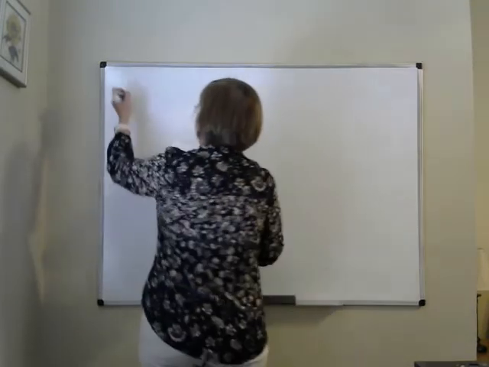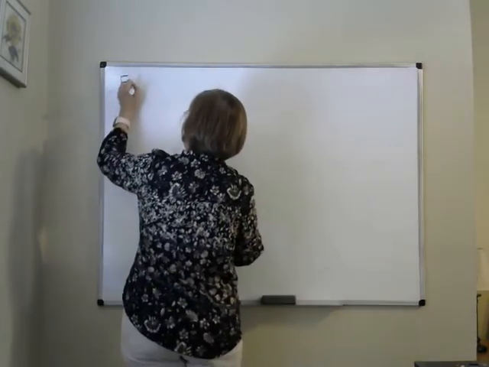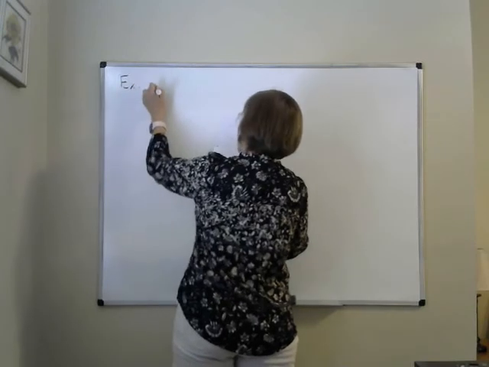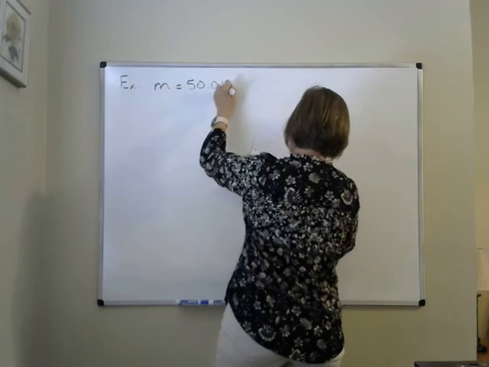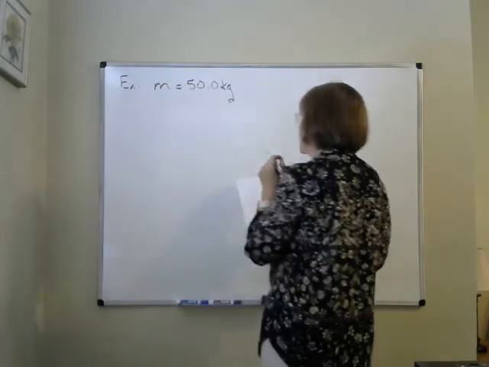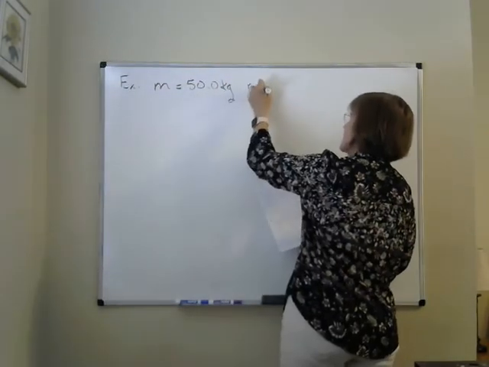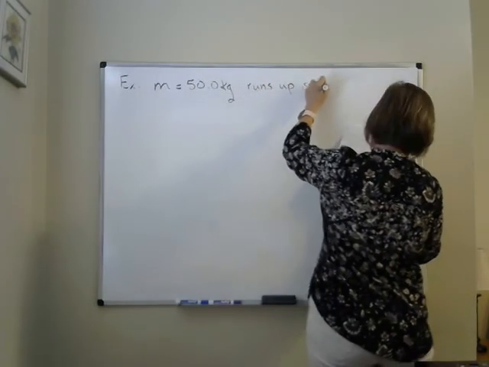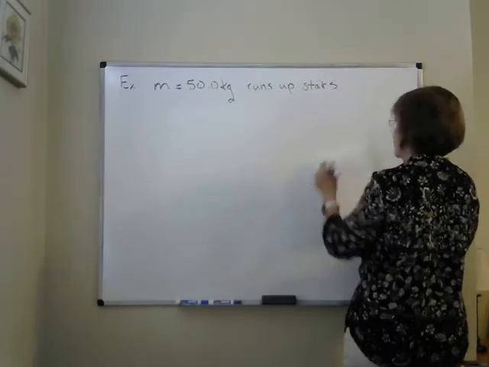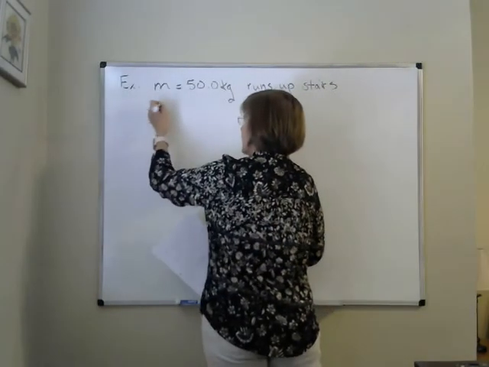In this example, we have a marathon runner, and the marathon runner has a mass of 50 kilograms. He runs up the stairs to the top of the Sears Tower.